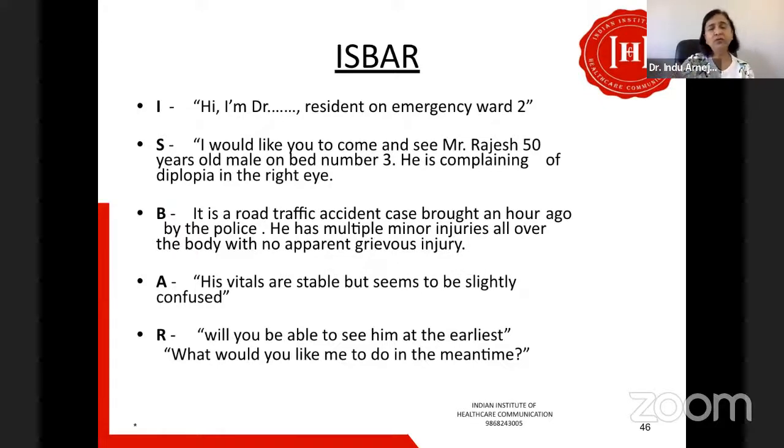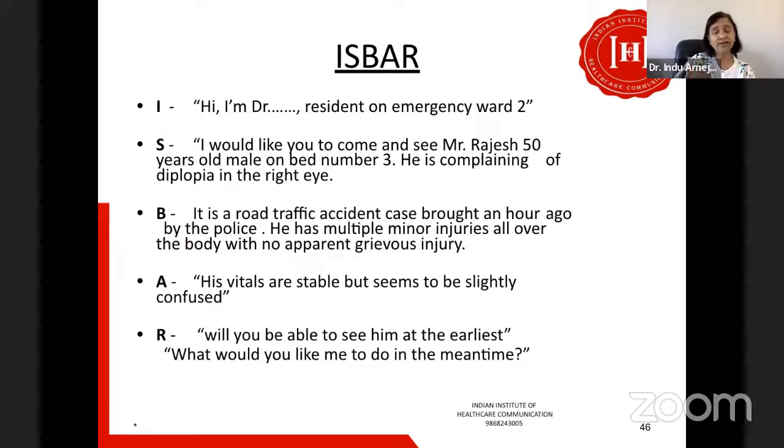Background will be that it's a road traffic accident case brought an hour ago by the police. He has multiple minor injuries, because the moment we say RTA, the person does not know the severity of the condition. So we need to tell that he has multiple minor injuries all over the body with no apparent grievous injury. So you are informing that it's not a very critical condition.